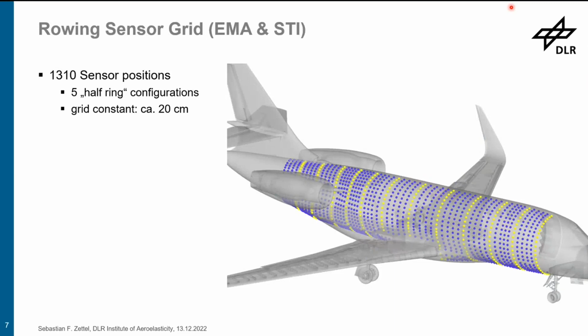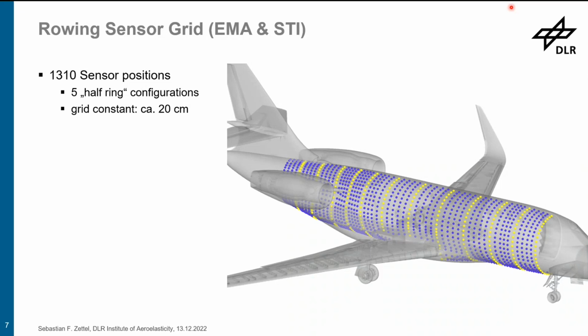In order to perform the measurement under the given limitations, we decided to use a rowing sensor grid. This rowing sensor grid method was developed during previous vibroacoustic tests on an A400M fuselage and an A320 fuselage demonstrator.